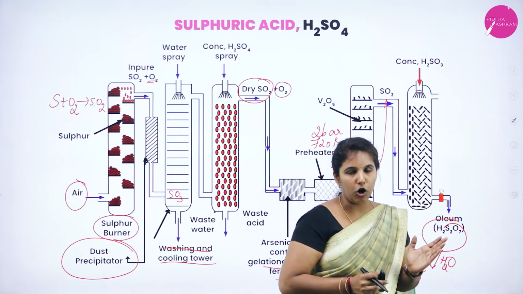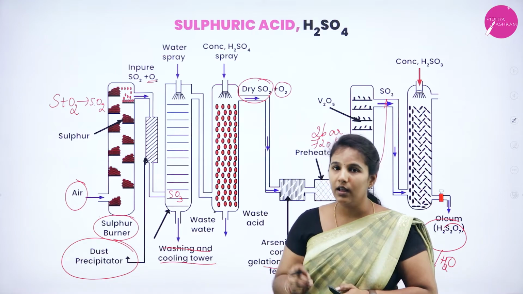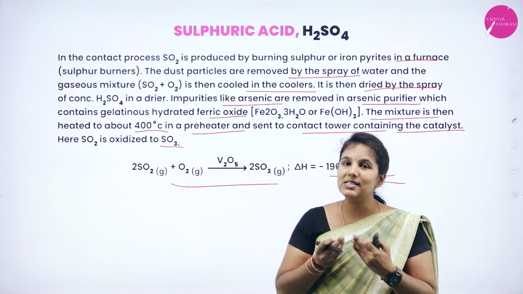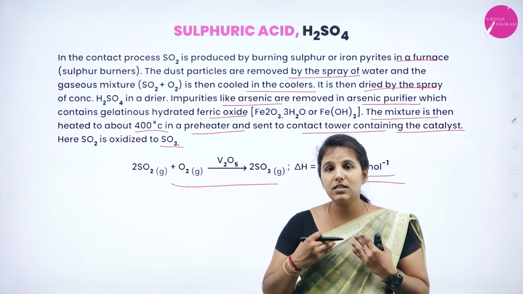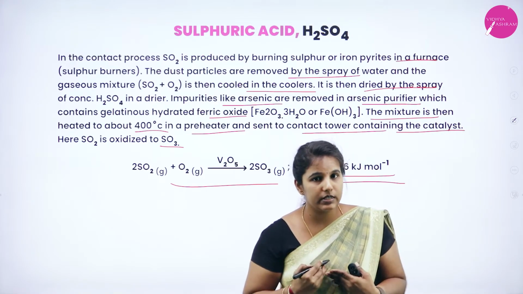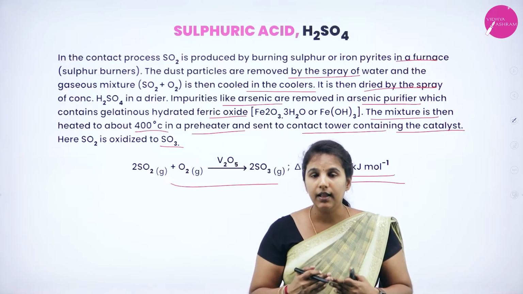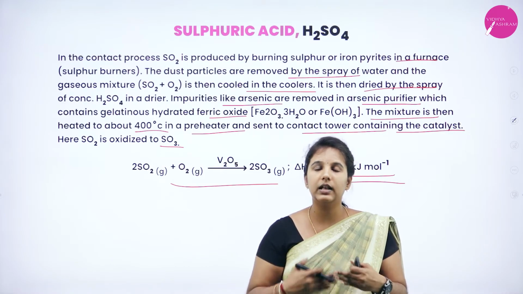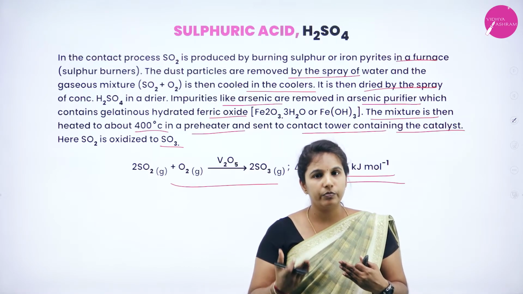That is mainly because if you add water to the sulfur trioxide, it is again an exothermic reaction, and a lot of heat will be liberated. In industry, if they are preparing concentrated sulfuric acid, it is not easy to handle so much heat. That is why they first spray the concentrated sulfuric acid to form oleum.